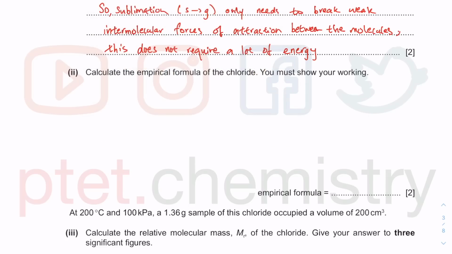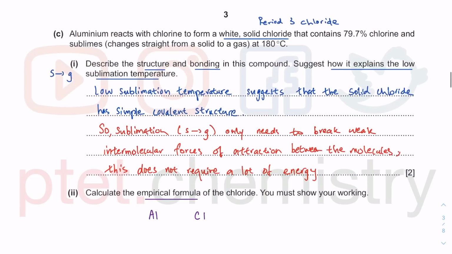The next question, calculate the empirical formula. So this is defined as the simplest whole number ratio of atoms. Straight away from your O-level or GCSE or IGCSE level chemistry, we have 79.7% of chlorine. This is percentage, and percentage is out of 100%.